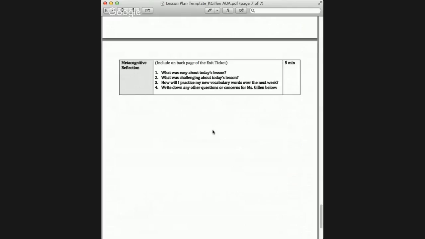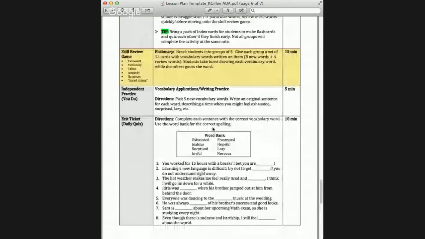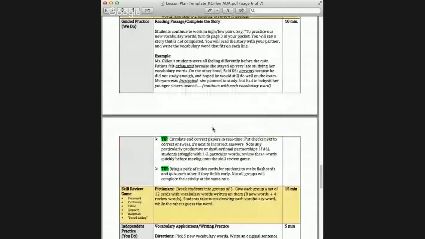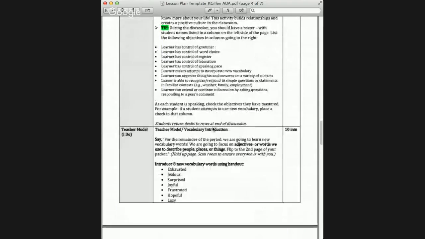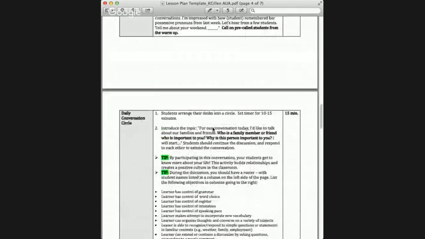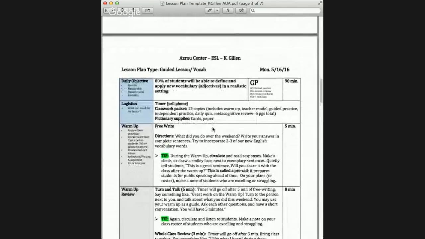Okay, so again, and I stressed this in the beginning of our webinar that didn't pan out, this is an example of a very detailed lesson plan, a very well-planned lesson. So this is something to strive towards.